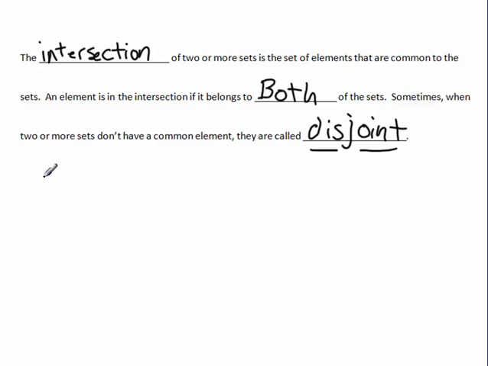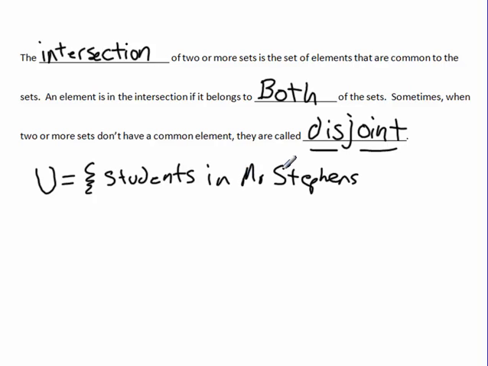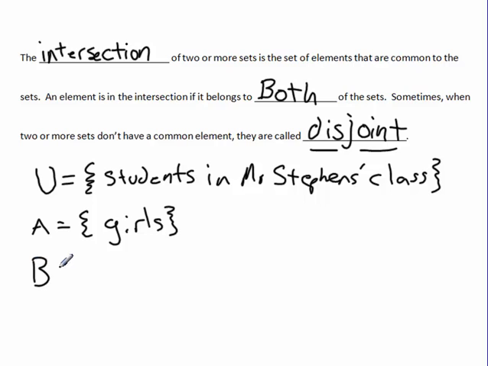So if, let's say the universal set is all of the students in Mr. Stevens' class. That's the universal set. One of the subsets are the girls. The other subset are boys.